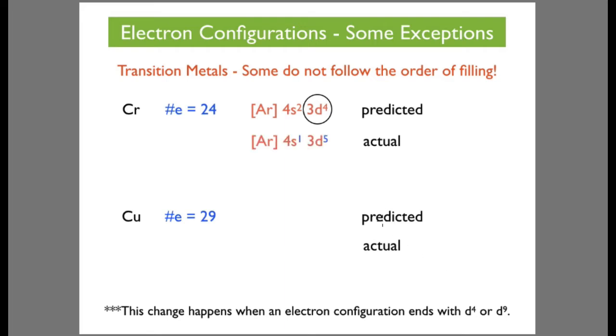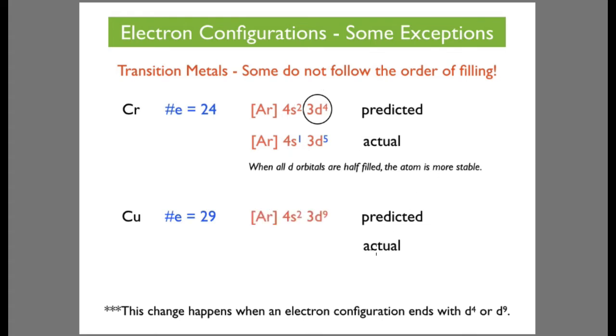However, this is actually what occurs. You have 1 electron in the 4s and 5 in the 3d. So what's going on? Well, when all d orbitals are half filled, the atom is more stable. And so one of these electrons prefers to go into the d orbital, because this is energetically more favorable. It is more stable.